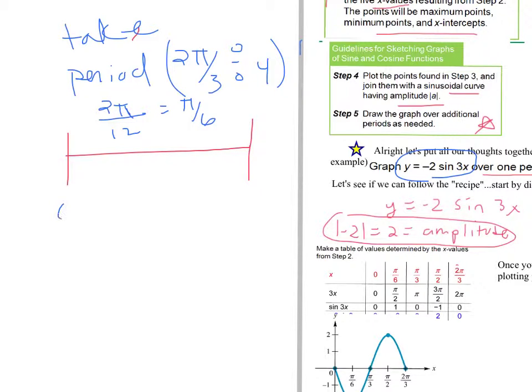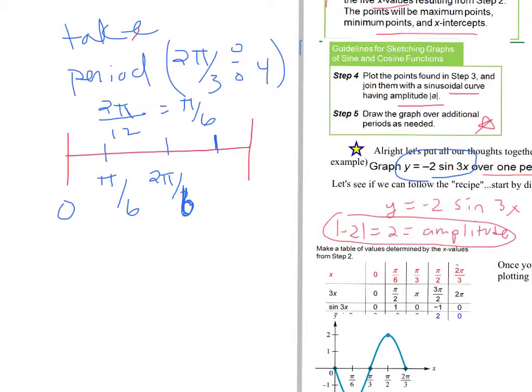So that means, here we are, 0, first notch is pi over 6. Next notch is pi over 6 plus pi over 6, which is 2 pi over 6. A lot of people say, yeah, but 2 pi over 6 is a 1/3 pi. I know, but I like to keep it not reduced because I think it looks prettier temporarily.